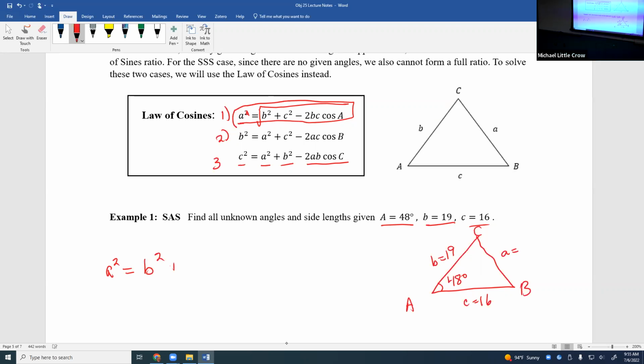Sometimes I like to write these out a couple times because it helps me get comfortable with it, and then I can fill in the information as I go. So B, they gave us, was 19. C, they gave us, was 16. Minus 2 times B, which is 19, times C, which is 16, and then the cosine of 48 degrees.